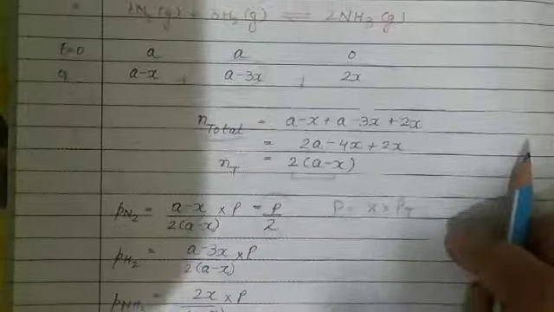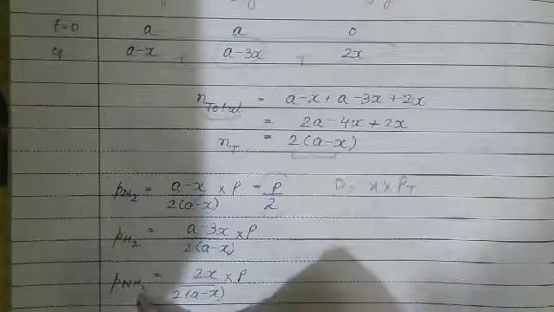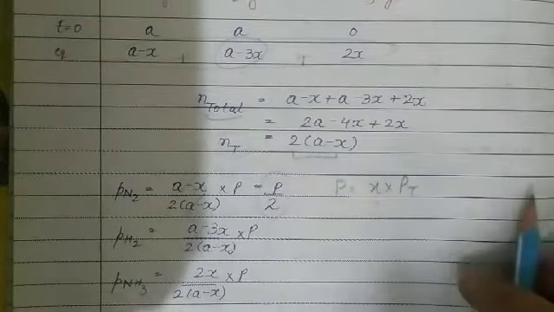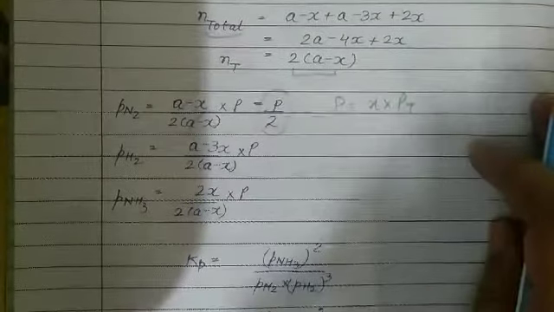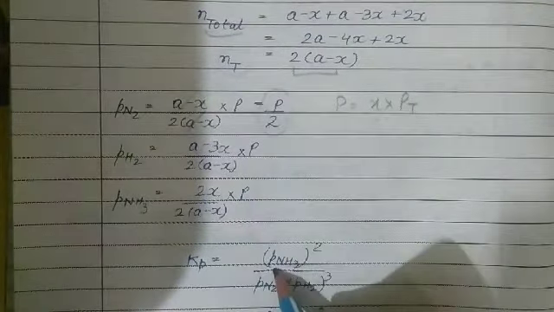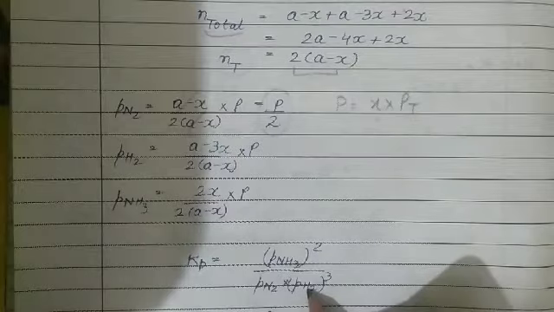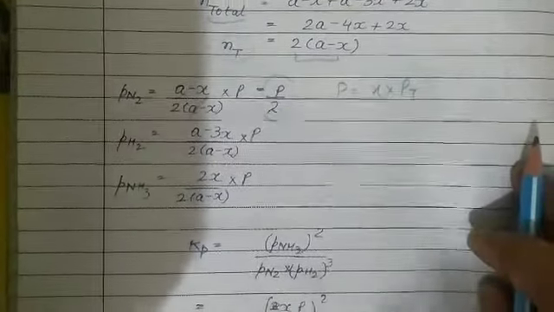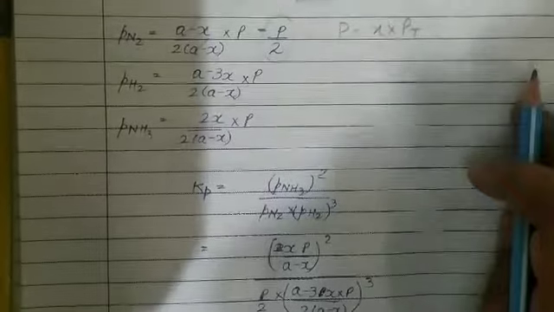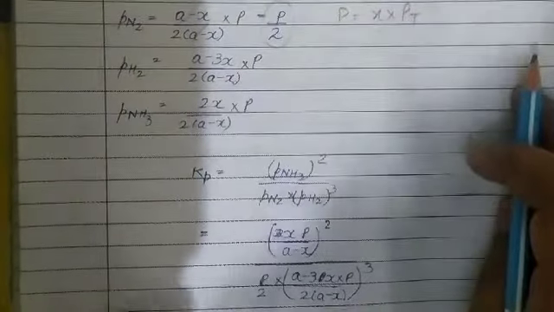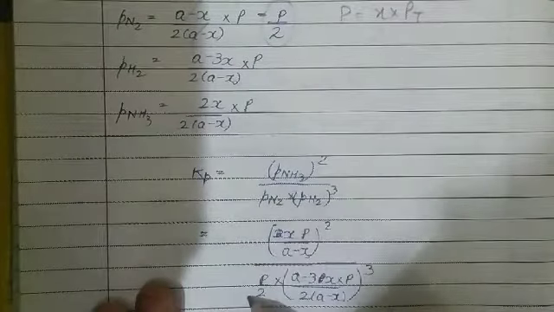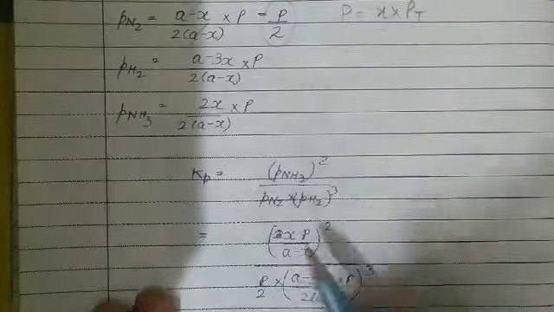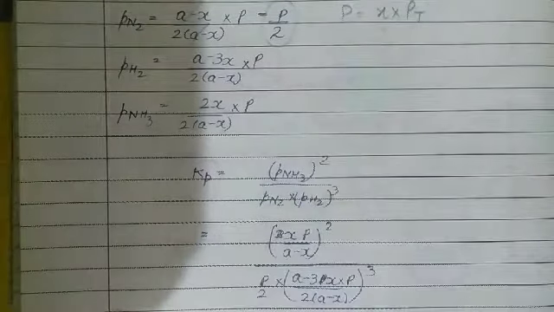Similarly for ammonia. So Kp will be the partial pressure of NH3 squared divided by the partial pressure of N2 gas into the partial pressure of H2 cubed. Now putting in the values, we get the expression of Kp.